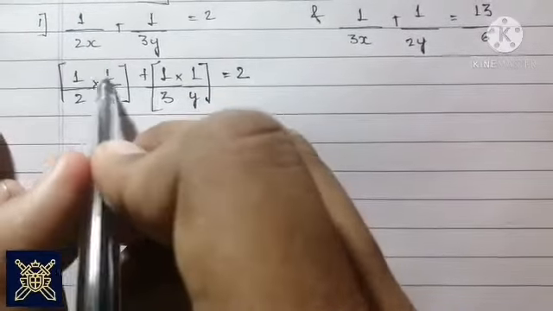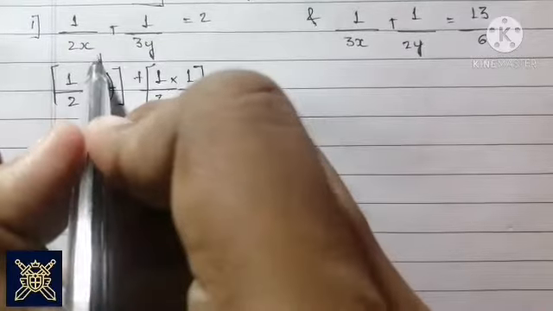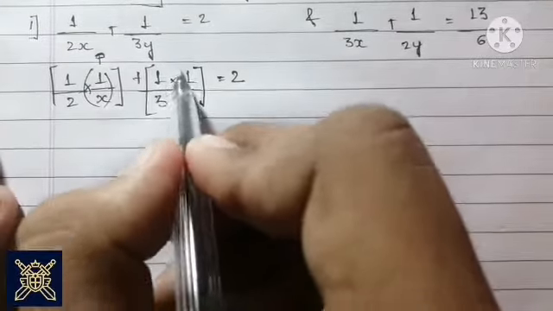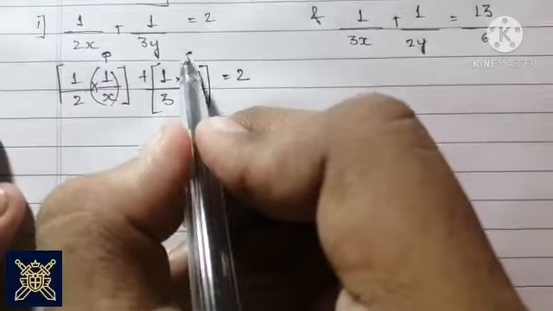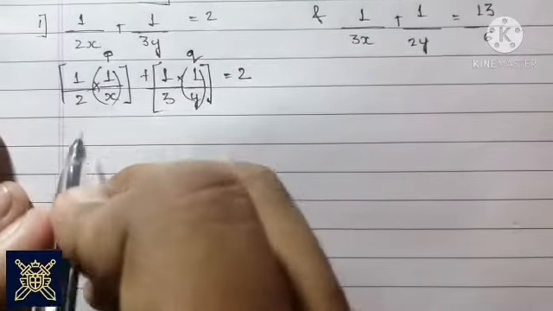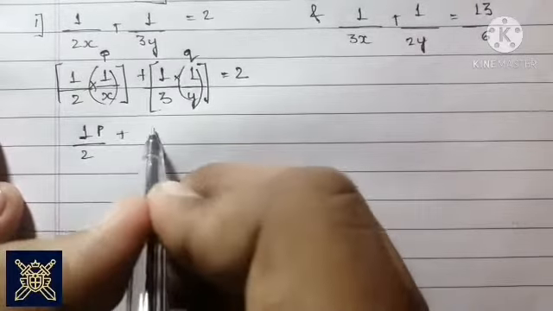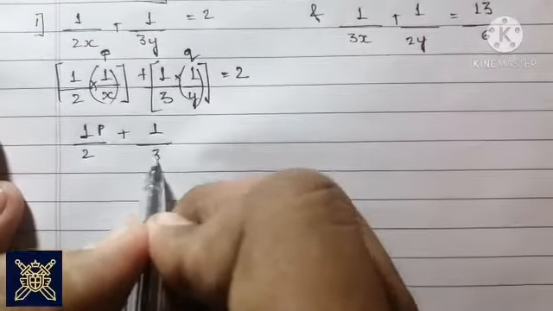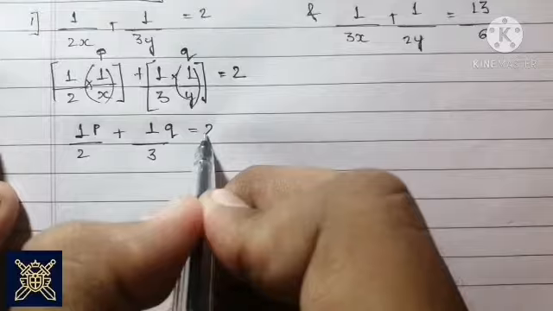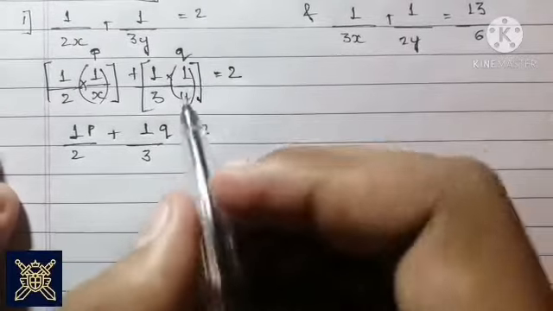Now, taking this 1 upon x as p and this 1 upon y as q, your equation will be 1 upon 2p plus 1 upon 3q is equal to 2. Now let's solve this equation.